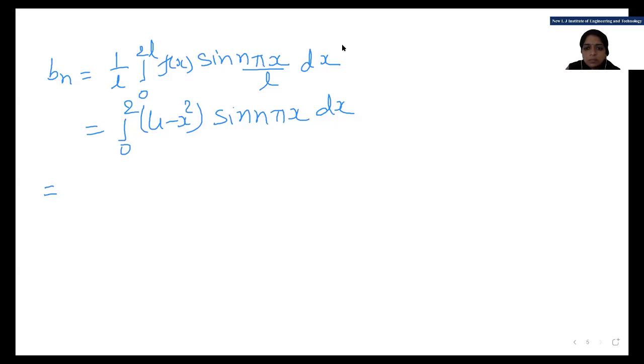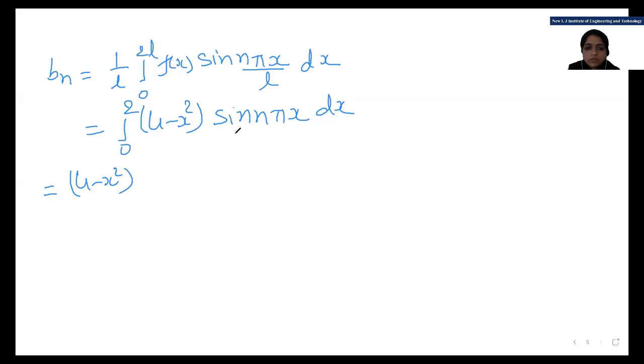Yes, Nirmal? 4 minus x square, minus, just a minute. 4 minus x square, keep it same. Then the integration of sine n pi x is what?